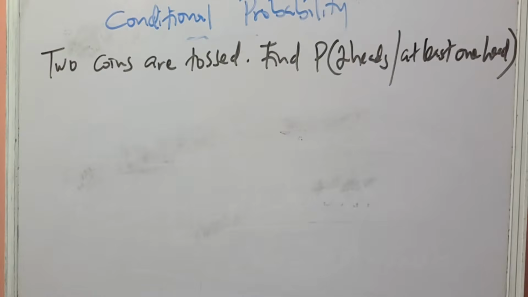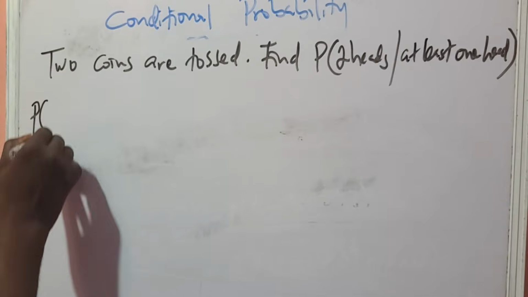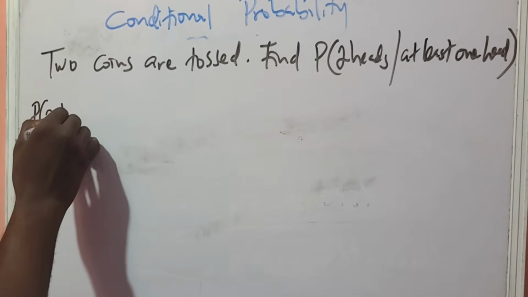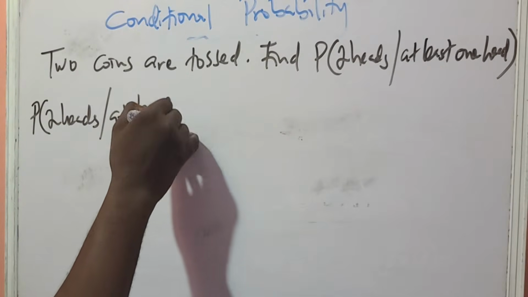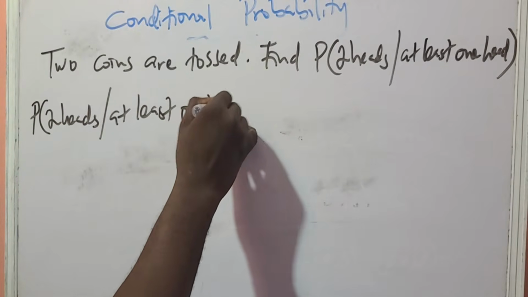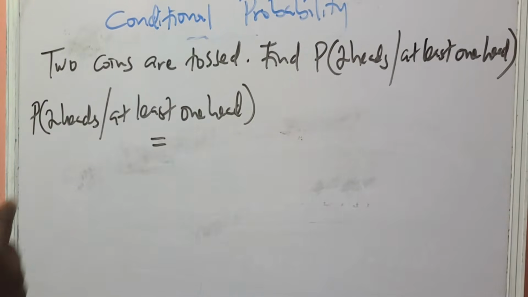So look at this. Do we have answers? Two heads given at least 1 head. So I'm going to help you to better understand the formula, because I don't want to use the word probability now, since we're dealing with numbers now.